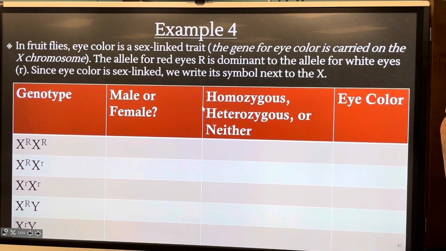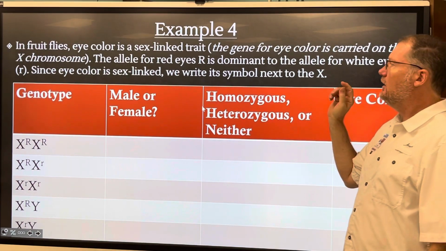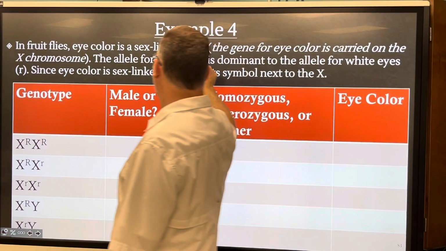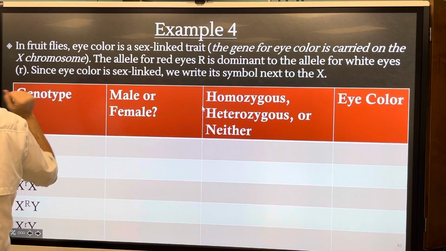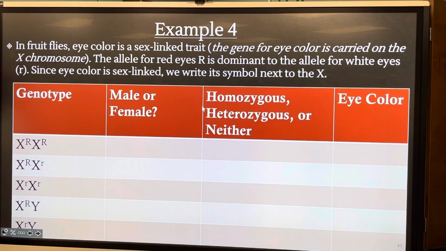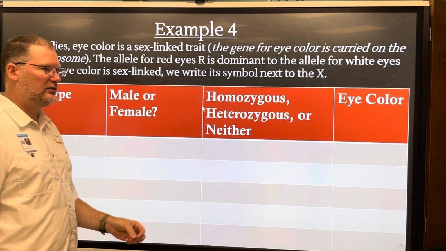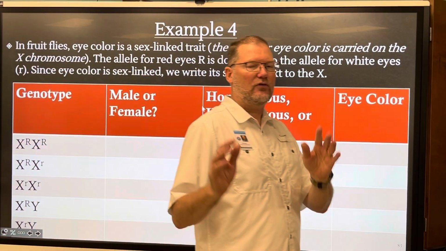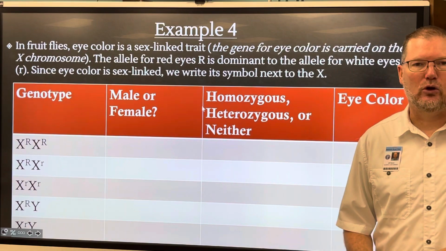The allele for red eyes is dominant, capital R, to the allele for white eyes, little r. Since eye color is sex-linked, we write its symbol next to the X. So if you ever see X and Y, you know we're talking about sex-linked traits. Genes that are found on the sex chromosomes.